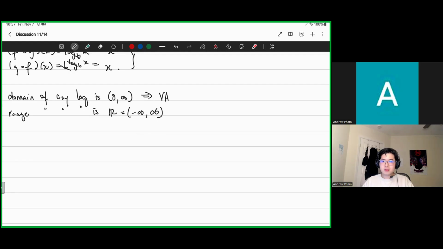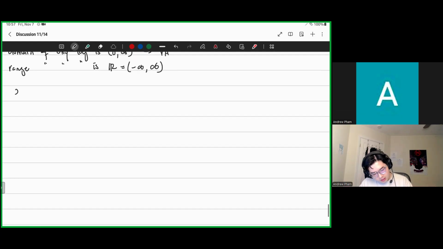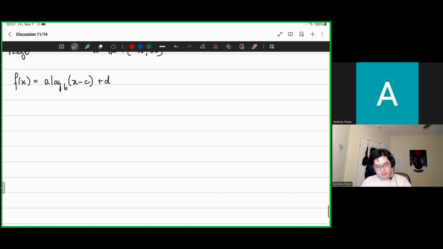And since it's also another function, logarithms will be sensitive to graph transformations as well. So the general form of any logarithm function is given like this: a times logarithm base b of x minus c, plus d. Okay.